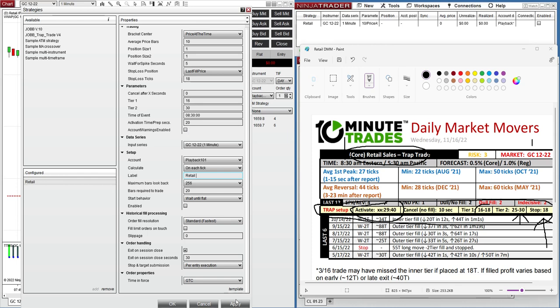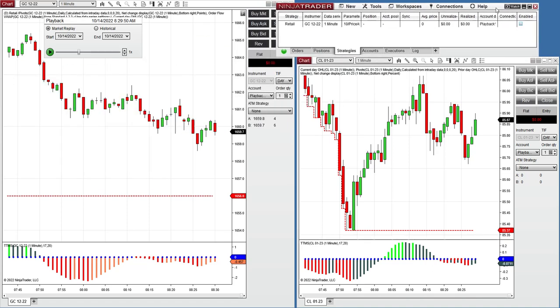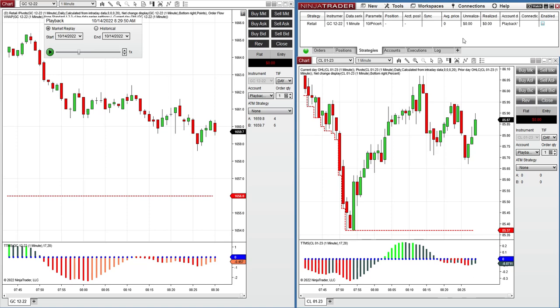And then I apply and OK. And then my trade setup shows up on the NinjaTrader control panel. Make sure your tab over here is on strategies or you won't see your setup, okay?